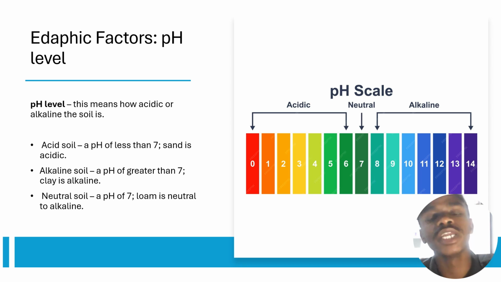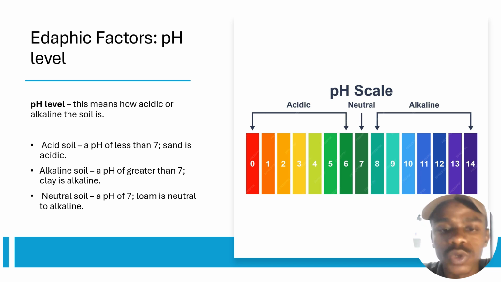Now moving on to the edaphic factors, which, as I said, focus only on the soil. We are going to look at the pH scale, which you were taught in grade 9 natural sciences, where you focused on how to read a pH scale.